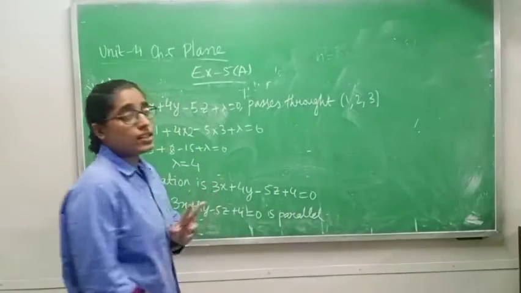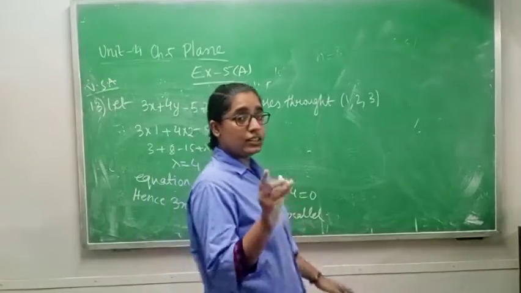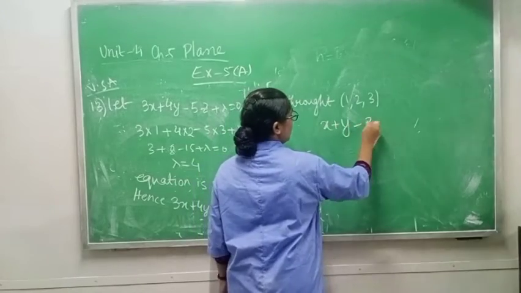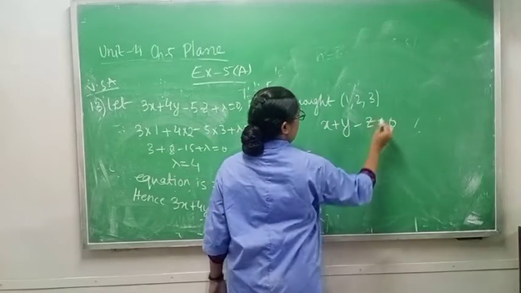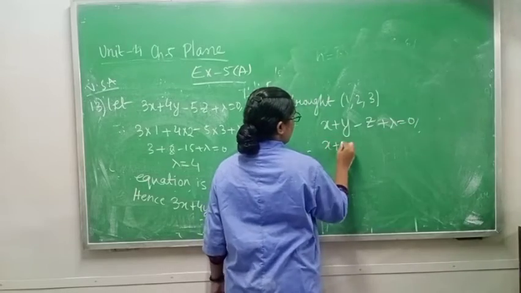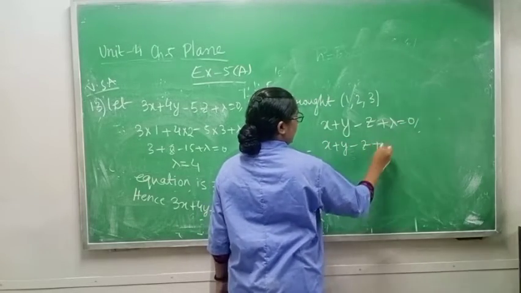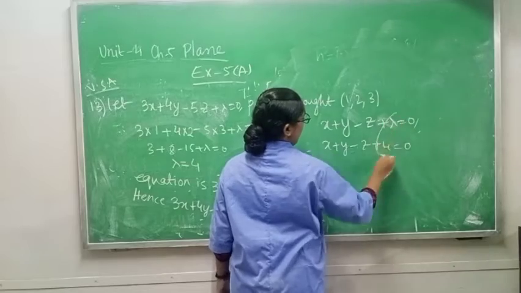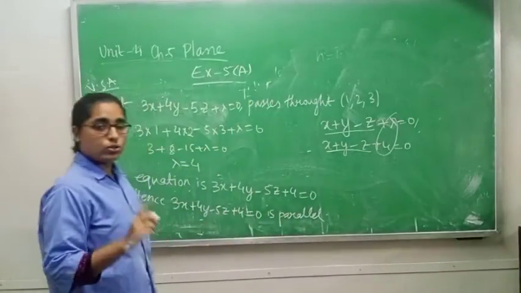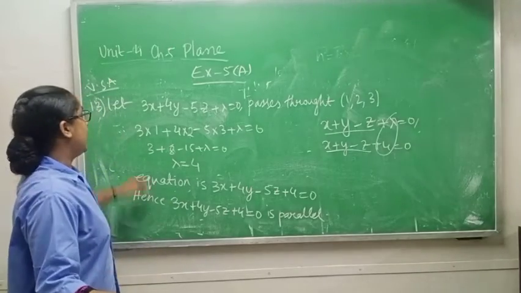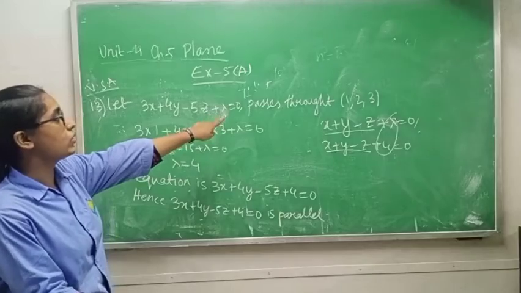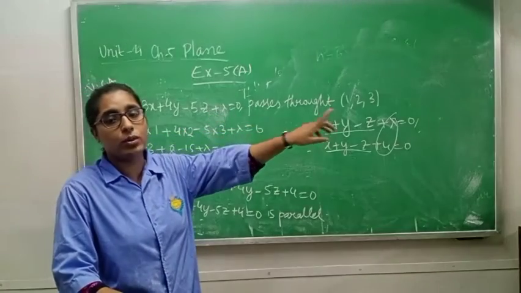Now when two lines are parallel, you know that in straight lines in class 11 you have done that. This one is parallel to any other plane, x plus y minus z plus 4. It means that the coefficients will be equal and only the constant will differ. So I am taking, let 3x plus 4y minus 5z plus lambda equals 0 passes through 1, 2, 3.